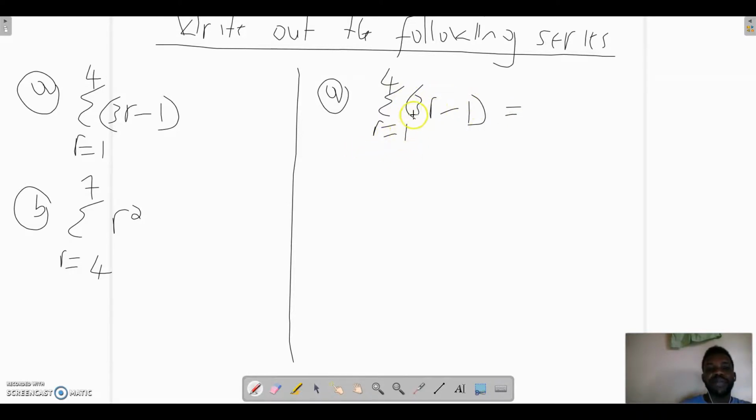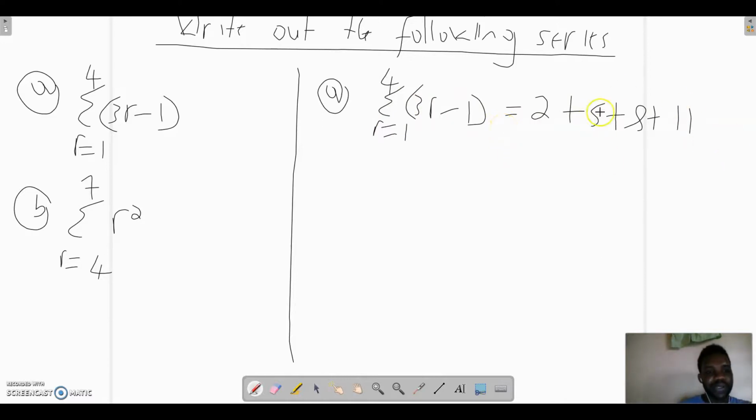So 3 times 1 is 3, minus 1, that is 2. So I'm going to have 2 plus, we put 2 in the place of r, so it's 3 times 2, which is 6, minus 1, which is 5. To get the third term, we put 3 in there, so it's 3 times 3, which is 9, minus 1, which is 8. To get the fourth term, we put 4 in the place of r, so it's 3 times 4, which is 12, minus 1, which is 11.